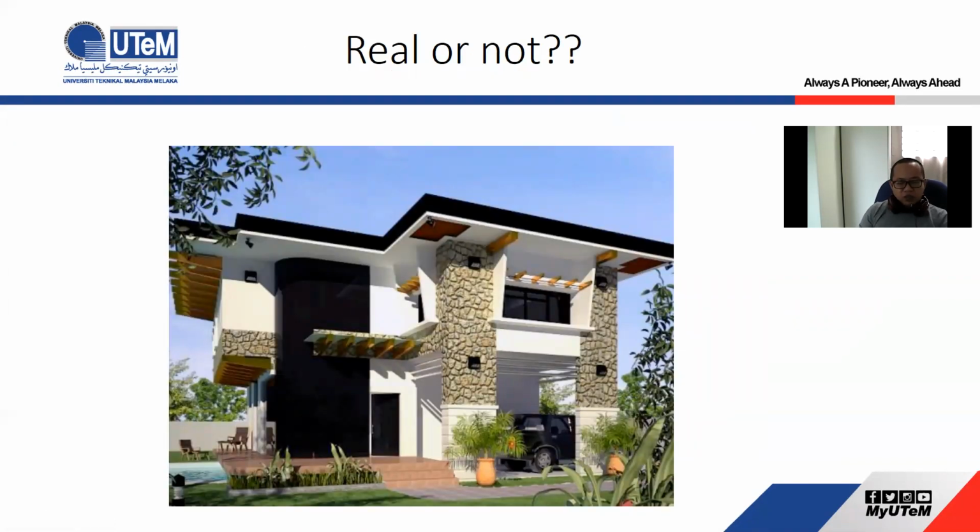Again, I just want to show you several examples of the meaning of render, so you can understand what render actually means. This seems like one building, one house, with a lighting rendering process and material rendering, and lighting rendering from the sun like this.